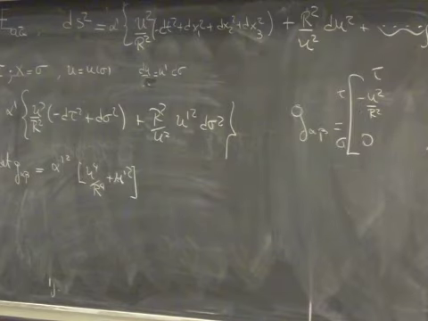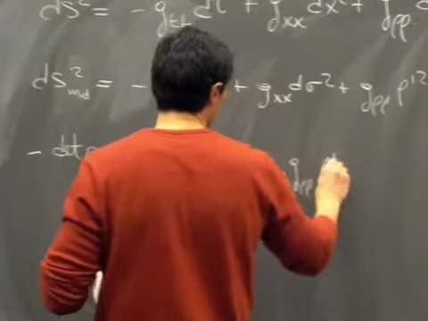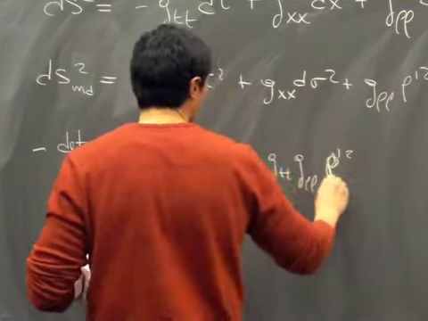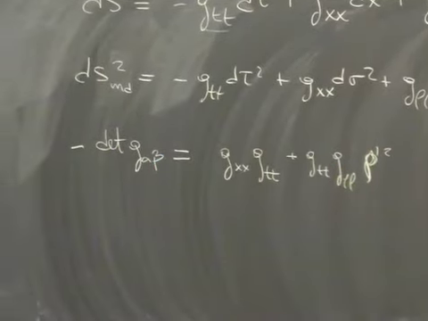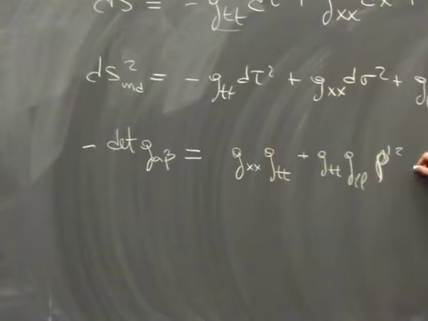The determinant of the induced metric here, as you can check with not much more difficulty, is given by this. And just let me follow the notation that you will find in lots of papers.